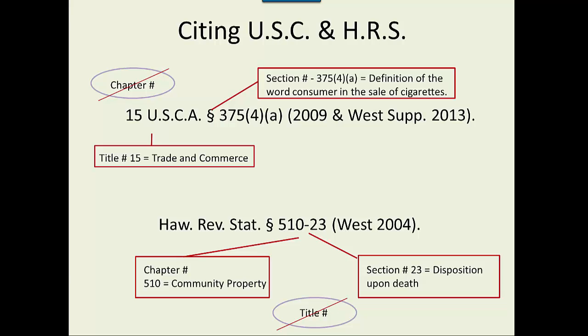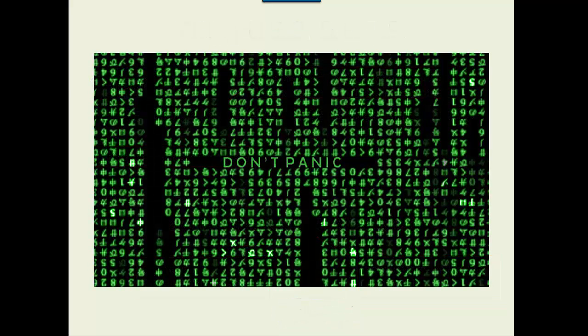The odd thing about the Hawaii Revised Statute citation is that the entire citation is referred to as a section. So you see the section symbol in front of the 510 instead of the 23. The HRS does have titles as well, but you do not cite to the title when you're citing to the Hawaii Revised Statutes.